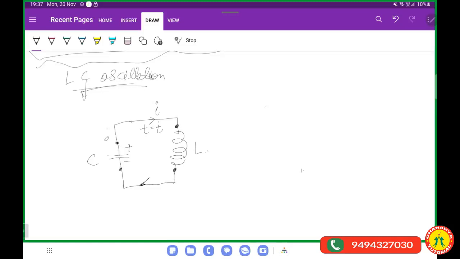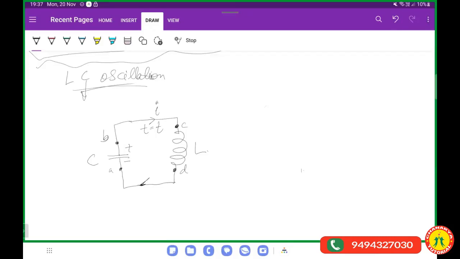Let's name the points here: A, B, C, D. In this one, we will assume there is no resistance.